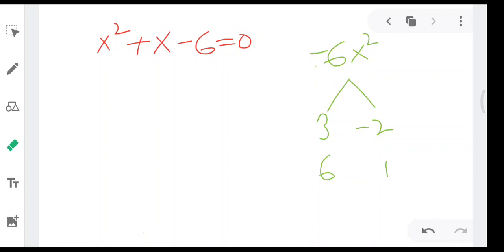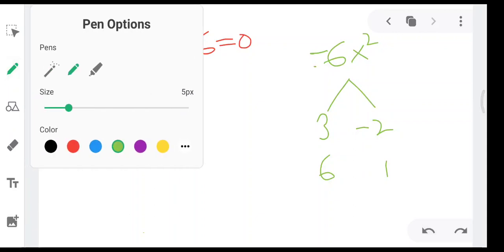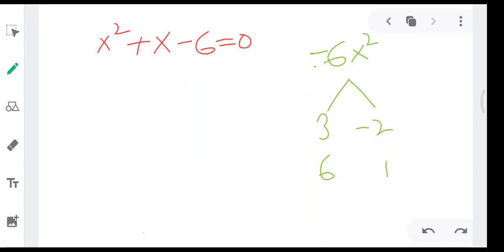Because 6 minus 1 will not give you the middle term. 6 minus 1 is 5, but your middle term is 1x. Neither can I take 6 plus 1. So finally our factors of 6 should be taken as 3 and minus 2. 6 and 1 we should ignore.